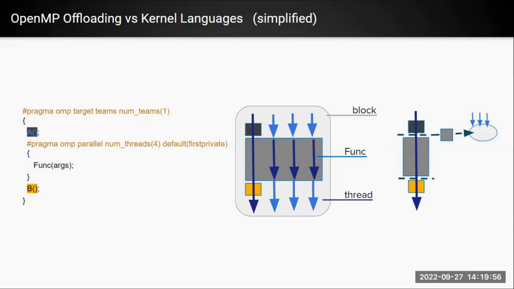And then you basically have to tell them, as I've tried to do with the colors here, what parallel region you found. Could be a lot of them, right? You might not even know all of them at compile time. It could be in static libraries and so on and so forth. So you have to tell them here, this is the parallel region we found. Here are the arguments that you need to execute that parallel region. Go for it.